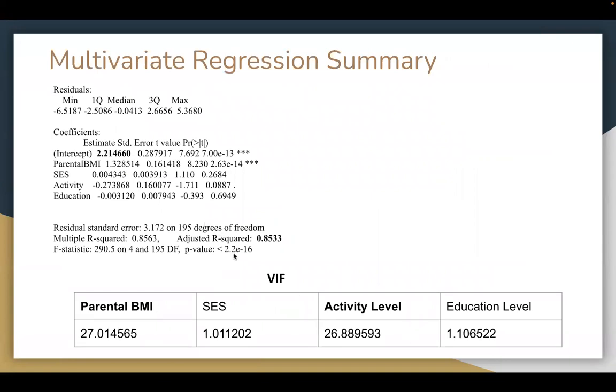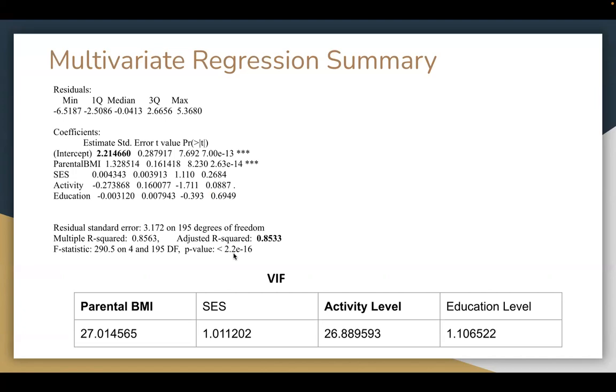So there's some multicollinearity happening. Overall, it's not great. Our model is suffering from some multicollinearity, like I said, some high VIF values, indicating collinearity, especially between parental BMI and activity level. And it's unfortunate because they both individually seem to be statistically significant when tested on their own.